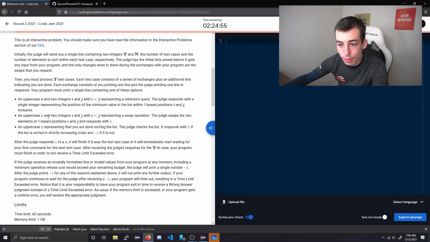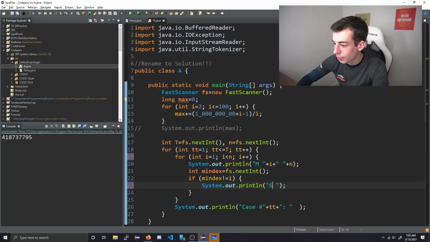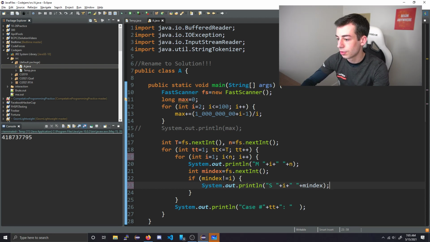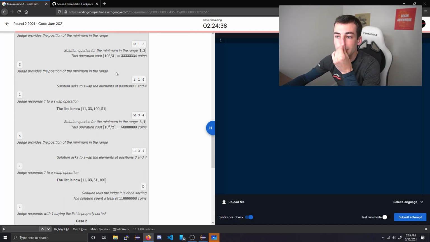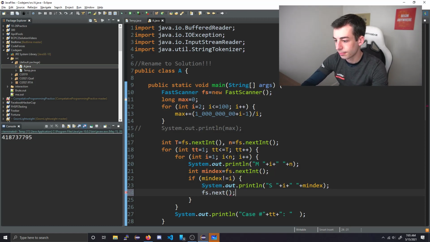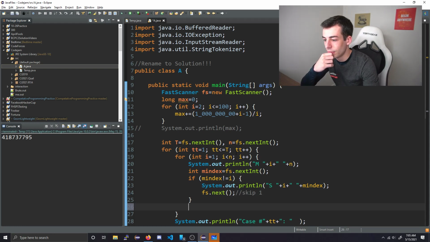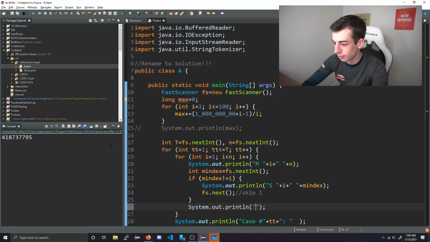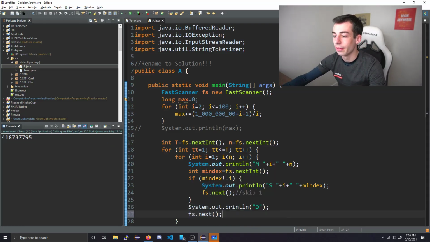So then we swap mindex, or swap i. All right, and then we print done. And we should be good.